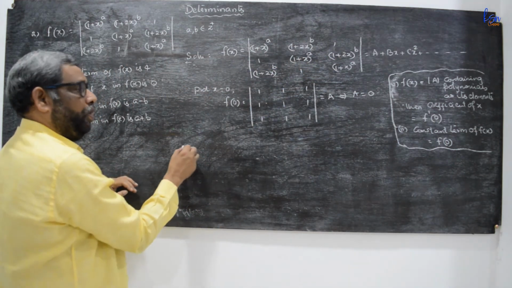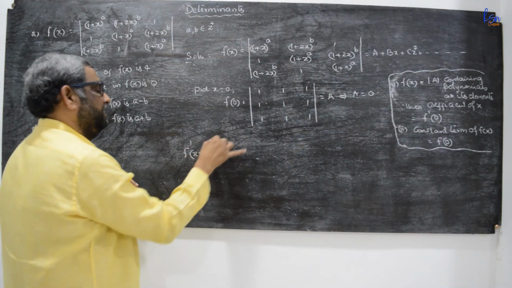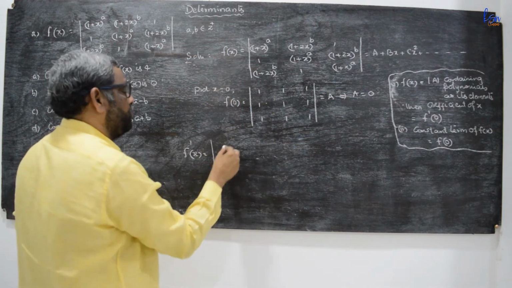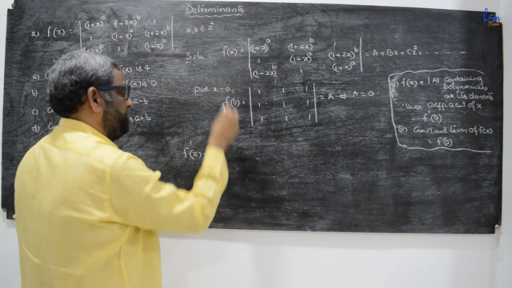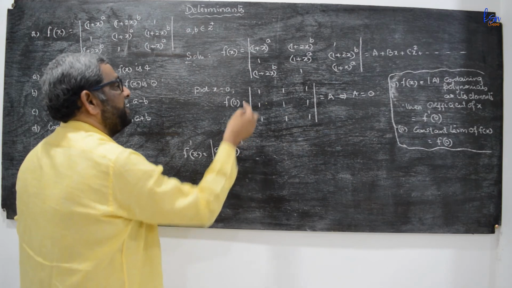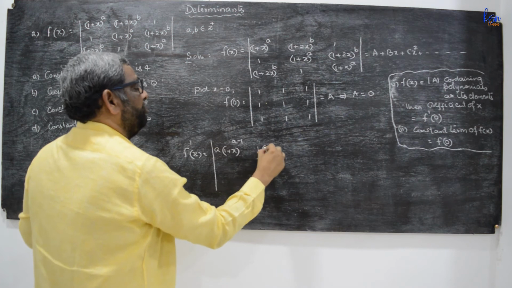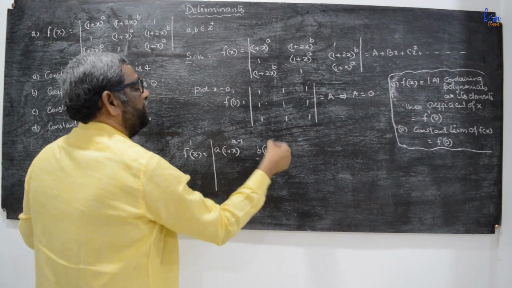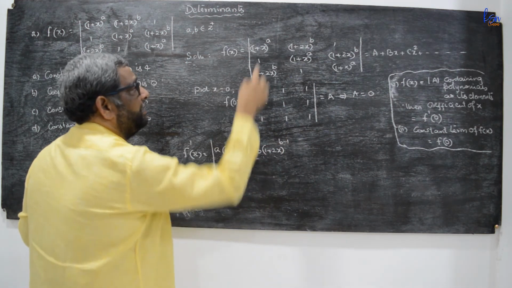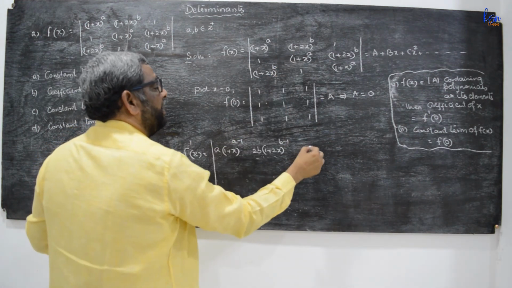Now I will show you how to differentiate. f dash x is equal to, differentiate the first row: a into (1 plus x) whole power a minus 1 into derivative of (1 plus x), which is 1; b into (1 plus 2x) whole power b minus 1 into derivative of (1 plus 2x), which is 2; and the derivative of 1 is 0.